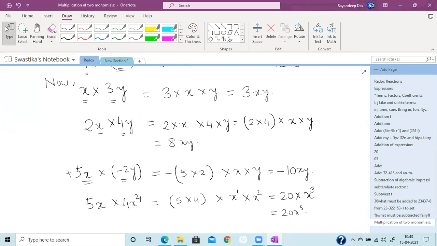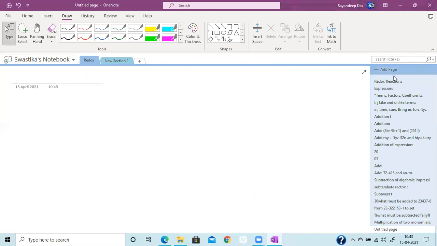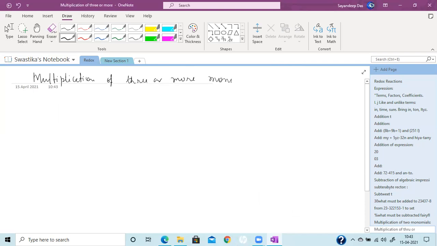Now we will go to the next multiplication, that is multiplication of 3 or more monomials. We'll see here how to do it.